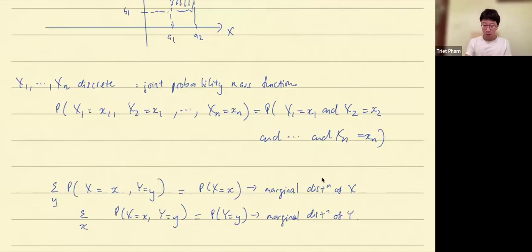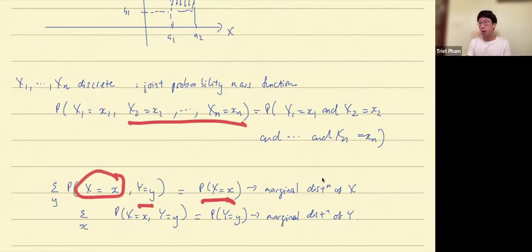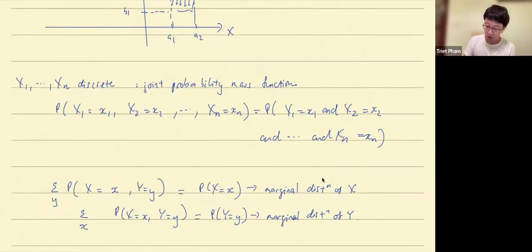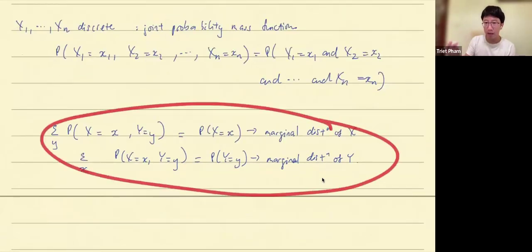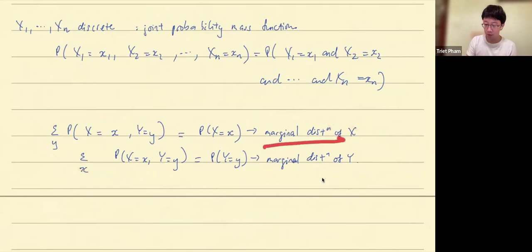Basically what it means is you can integrate out or sum out the other random variables to get the marginal distribution of the random variable you're interested in. Here we give it the name of marginal distribution, but at the heart of it, it's really just the law of total probability. In the case of n random variables, it's the same thing.